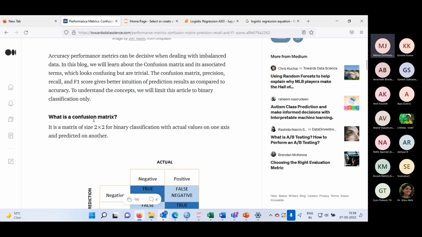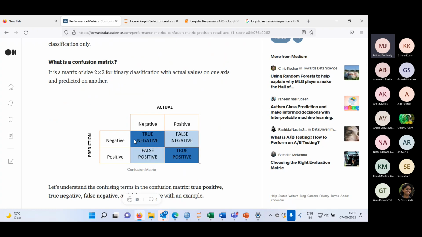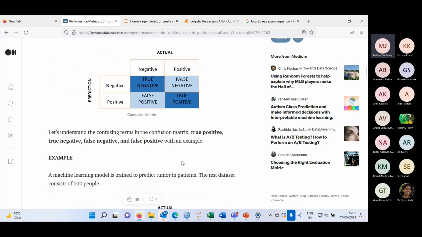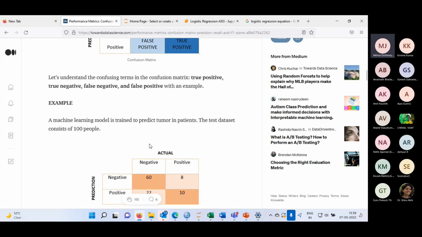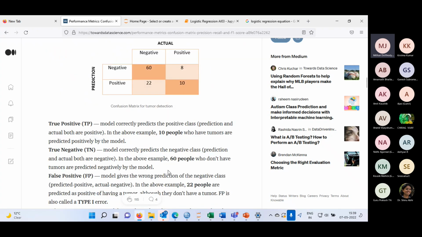Firstly, what is the confusion matrix? We know this 2 by 2 binary classification. True negative, true positive, false negative, false positive, that we have been able to understand. Now let's understand the confusing terms of TP, TN, FN. I think this is clear to you. With the help of this 2 by 2 matrix, he has generated some of these things.